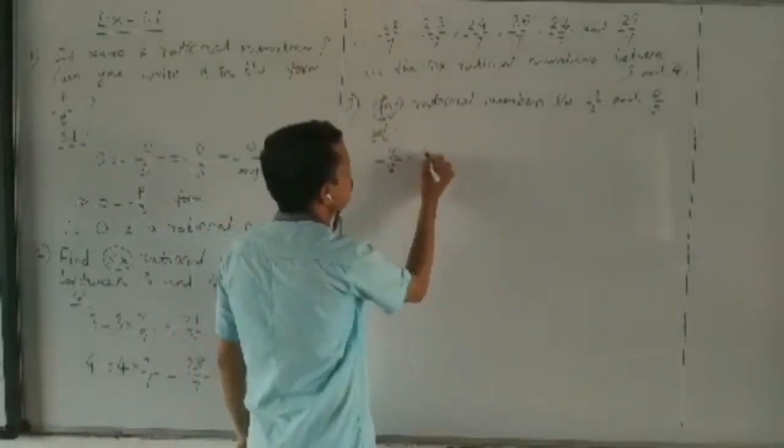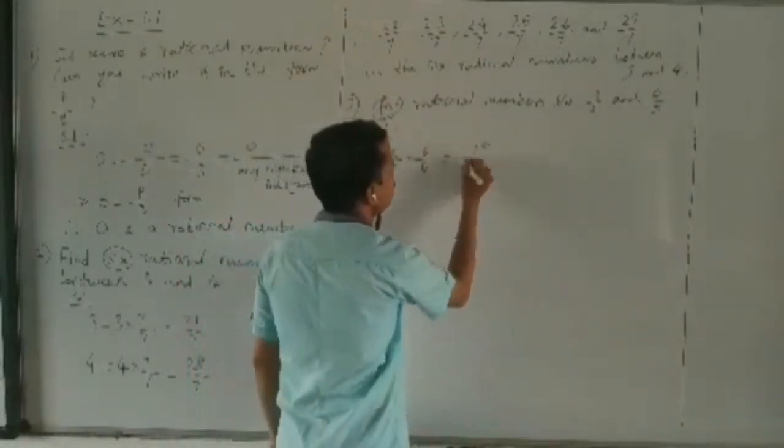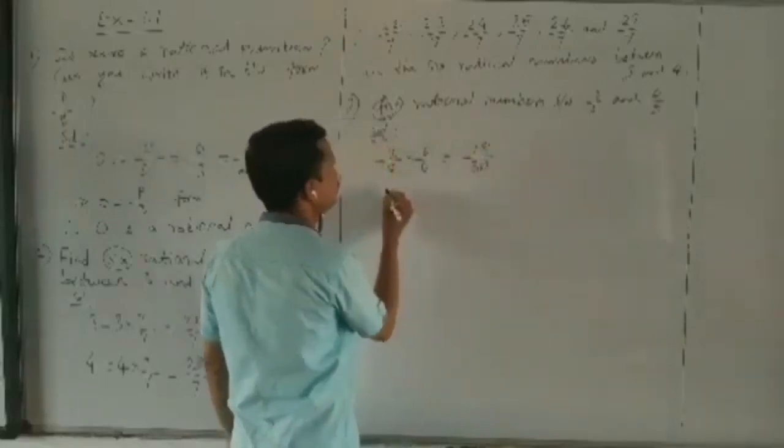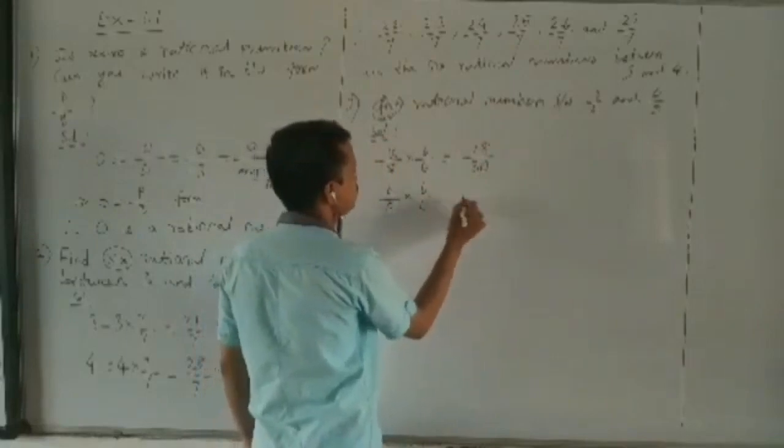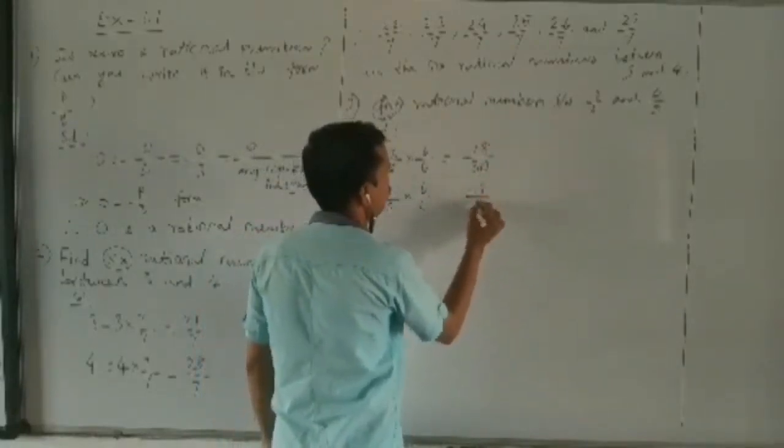So multiply by 6. You get 18 by 30. And the next number 4 by 5, you multiply by 6 and divide by 6. You get 24 by 30.